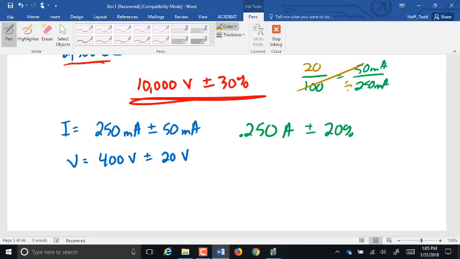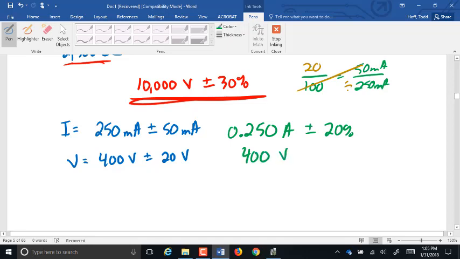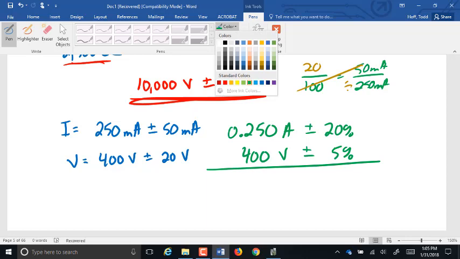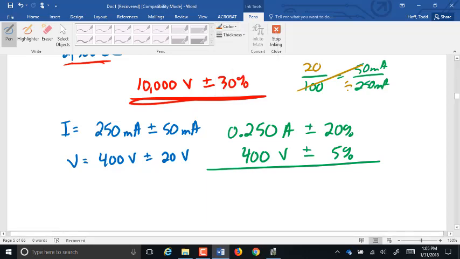That'll be 20%. Down here, 400 volts. 20 is what percent of 400? 5%. Good. Same setup. It would be blank over 100 equals 20 volts over 400 volts. And cross multiply and divide.